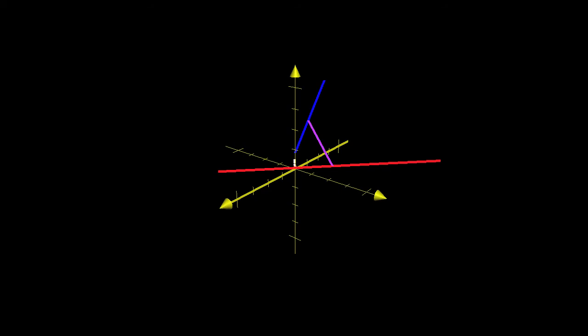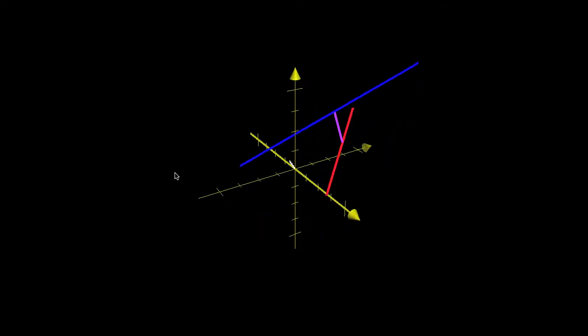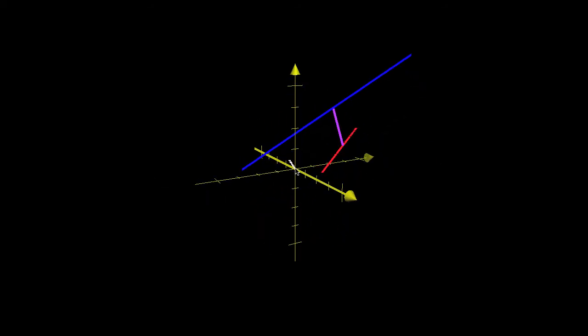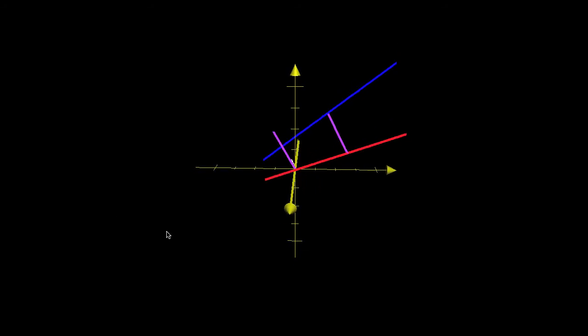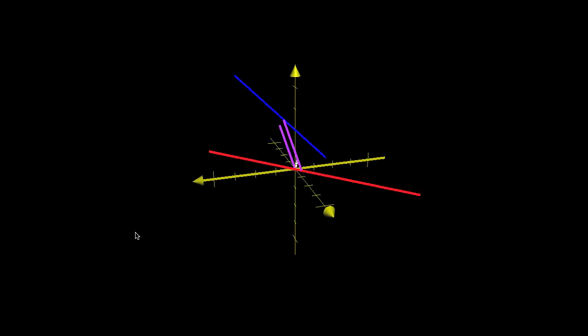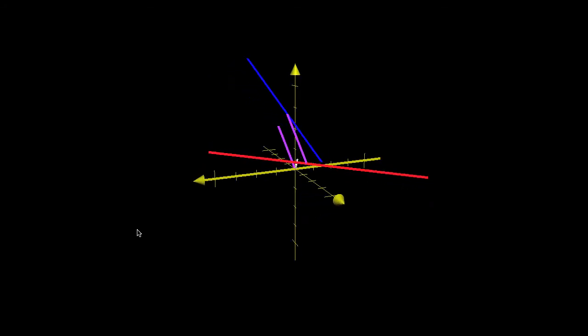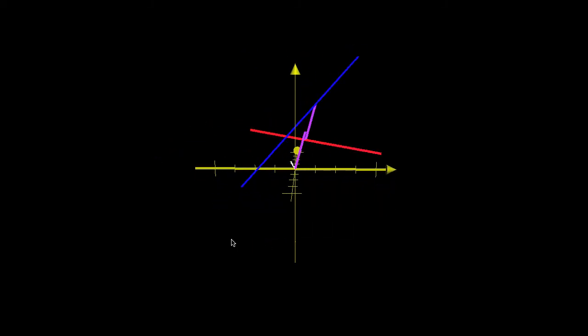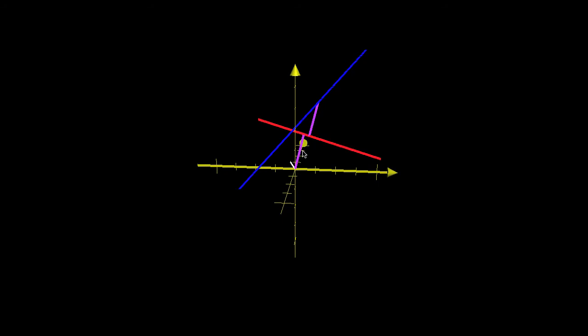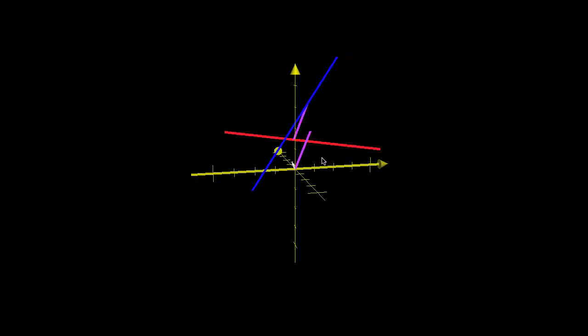So I'm going to draw that vector, but I'm going to draw the vector coming out of the origin, just like this white unit vector is coming out of the origin. So this is what I get. So you can see those two vectors, those two lines are parallel to each other. But here I have the unit vector perpendicular to red and blue, and I have this vector which I've gotten just by drawing a line between any 2 points in the red line and the blue line.